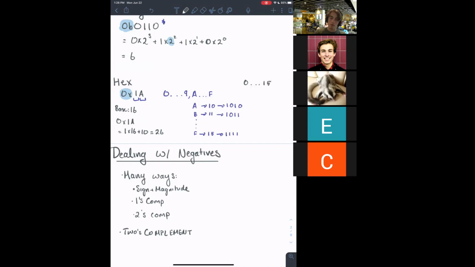Similarly, 4 bits can take on values from 0 to 15, because 0, 0, 0, 0 is 0 in decimal, and 1, 1, 1, 1 is 15. So a very convenient property of hex, and the reason it gives us a compact representation of binary numbers, is that each hex value is directly convertible to 4 bits.